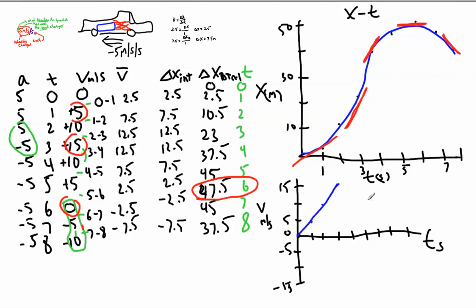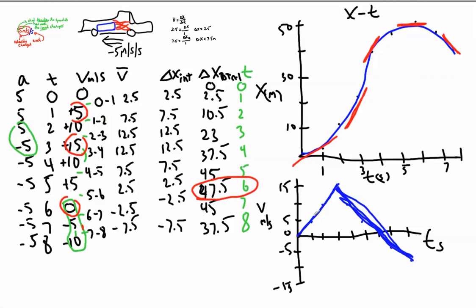And then by the 4th second we had begun to slow down again. And then velocity went negative. So our velocity time graph looks like this, and then like this.